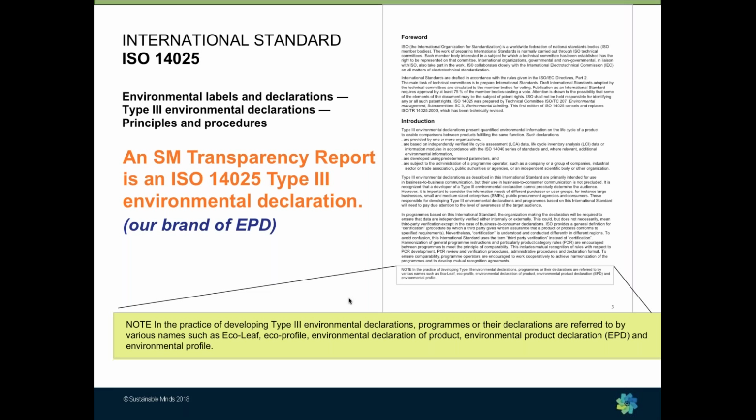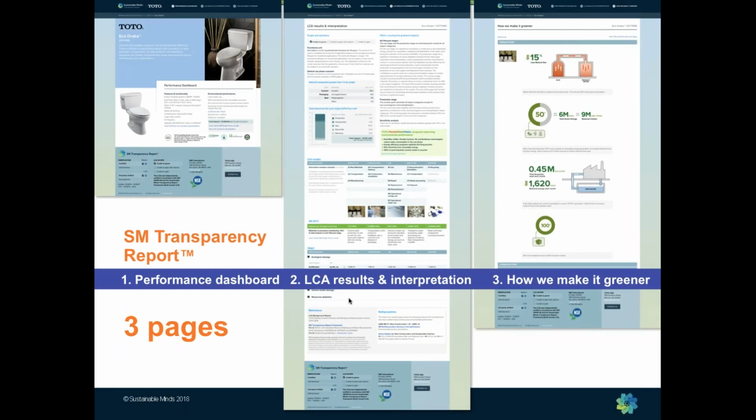Also, knowing that over time we would want to include in that report other kinds of environmental information, because we're allowed to. By calling it an EPD, there's already an association or knowledge in the market of what an EPD is, and we don't want this to be that. And we've already done that. We've already integrated material ingredient disclosure reporting into the transparency report, and I'll show what that looks like.